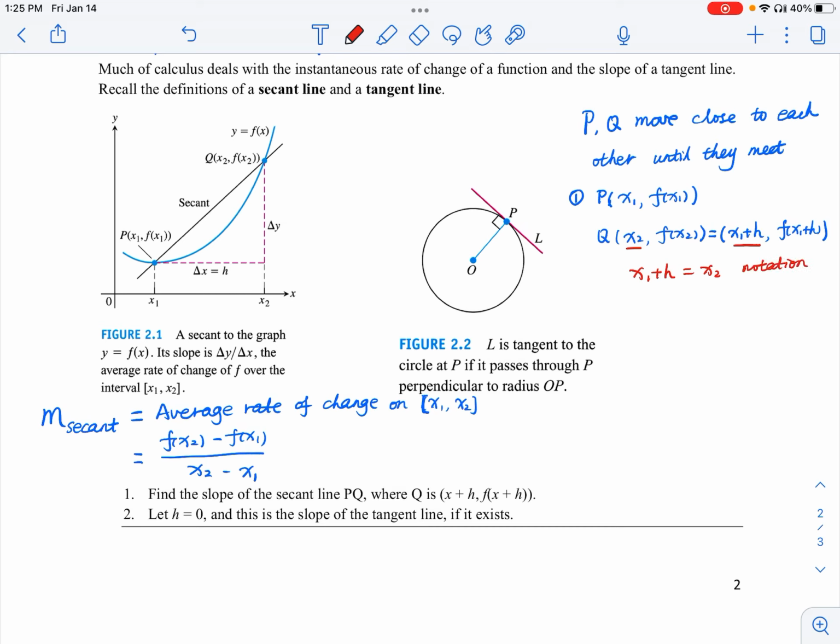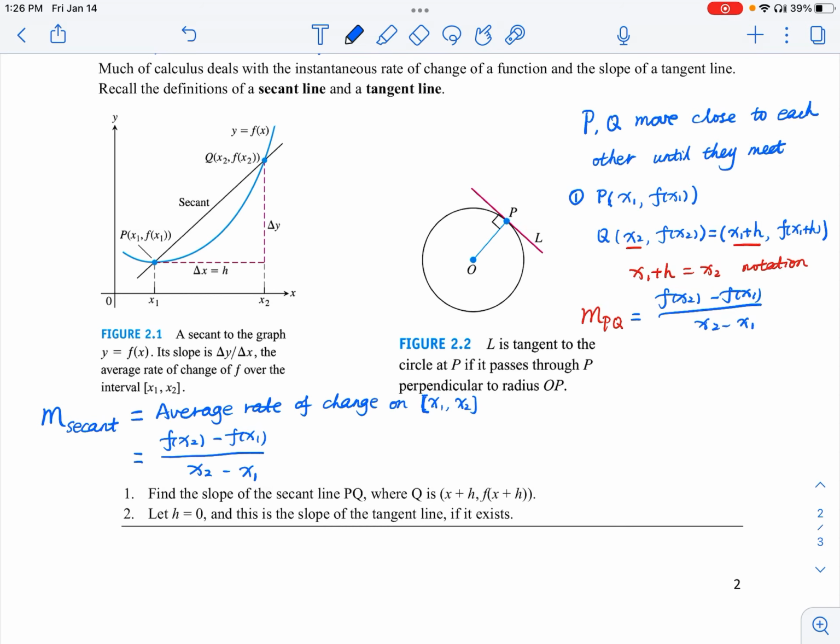No calculation here. When we write this way, then we can calculate the slope between P and Q. So slope between P and Q, that will be difference in y divided by difference in x. We want to find the slope. That should be f(x2) minus f(x1) divided by x2 minus x1.